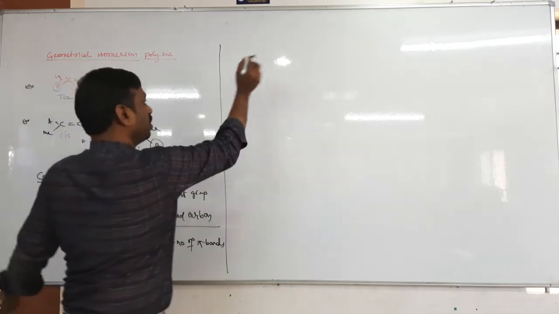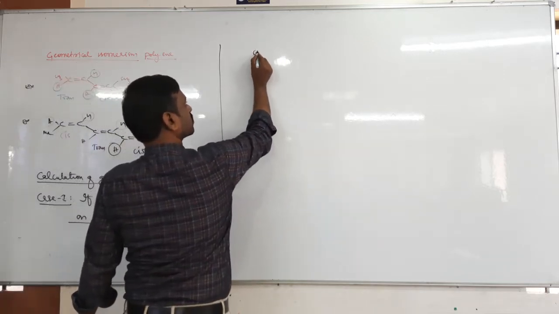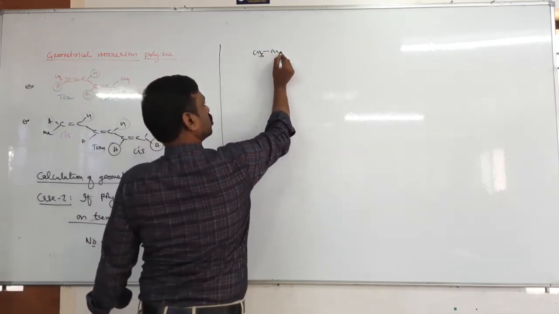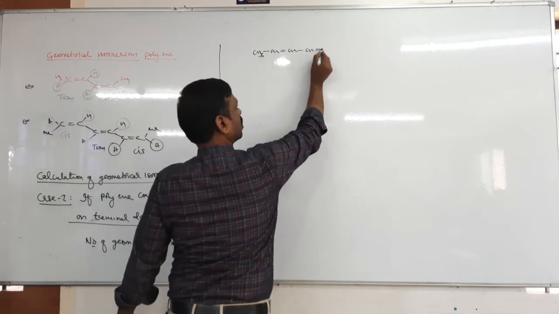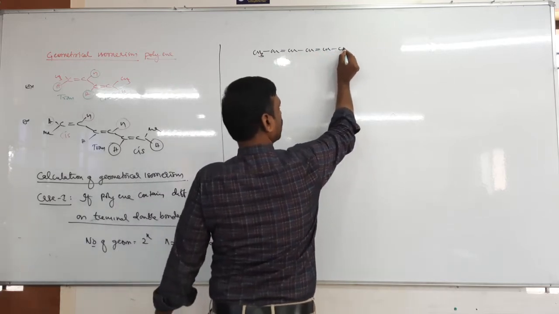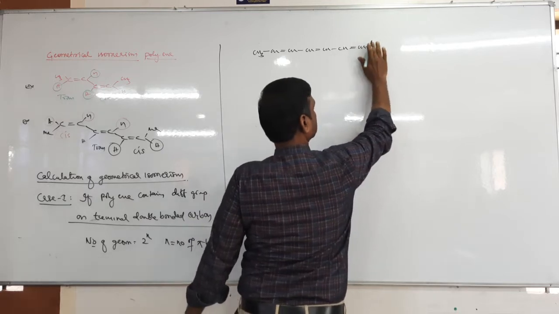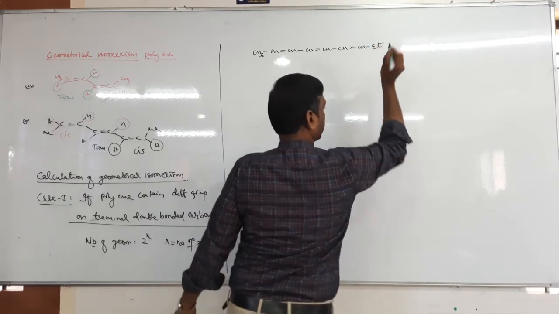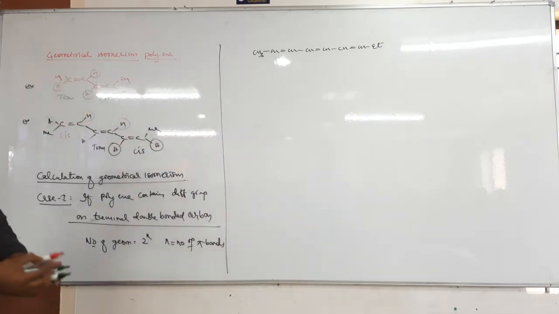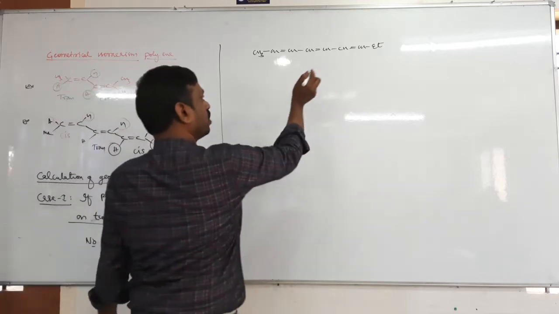Let us take an example. CH3, CH double bond, CH double bond, CH double bond, CH, ethyl. Now tell me, it is a polyene containing 2 different groups on the terminal double bond.